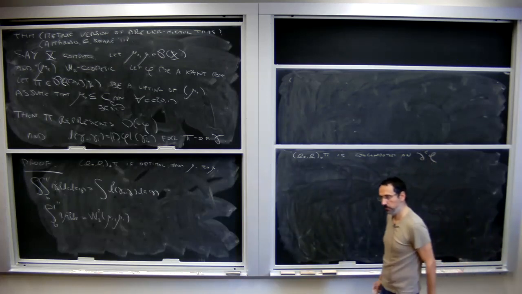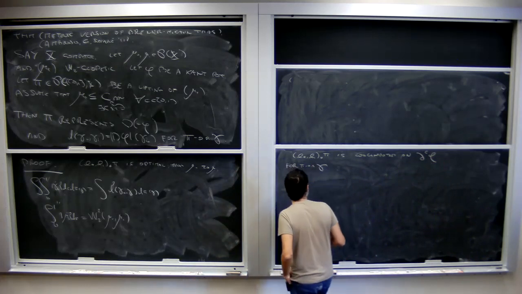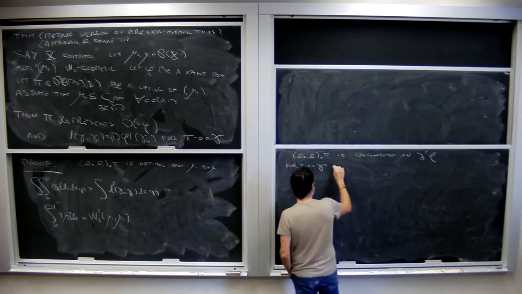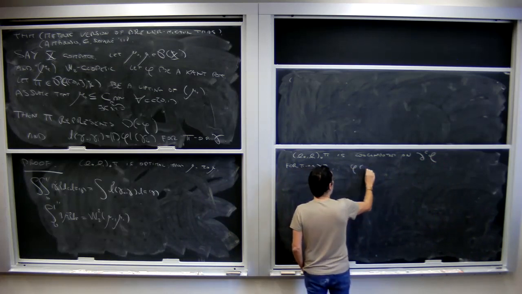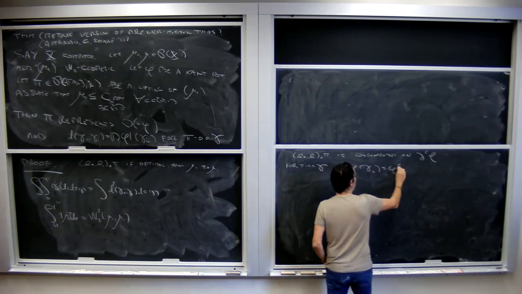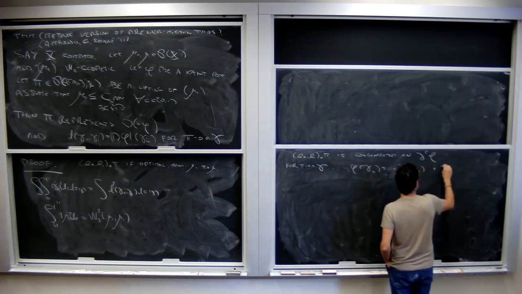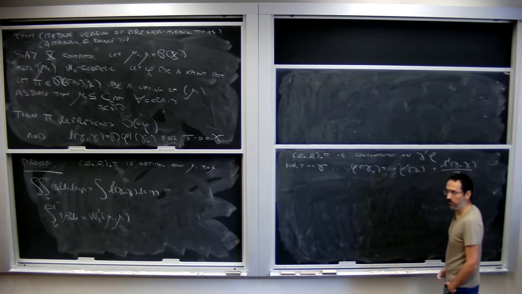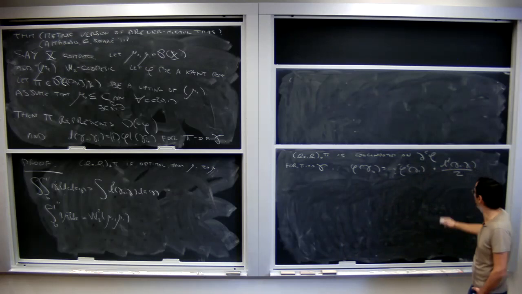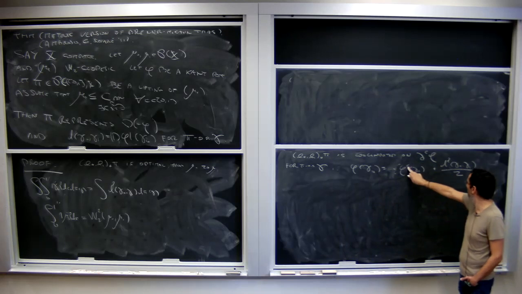So for pi almost every gamma, I know that the following is true: phi at gamma 0 is equal to minus phi^c at gamma 1 plus distance squared of gamma 0, gamma 1 over 2. Let's say that the cost is distance squared over 2. Otherwise, you have to decide what c is. For me, c is distance squared over 2.